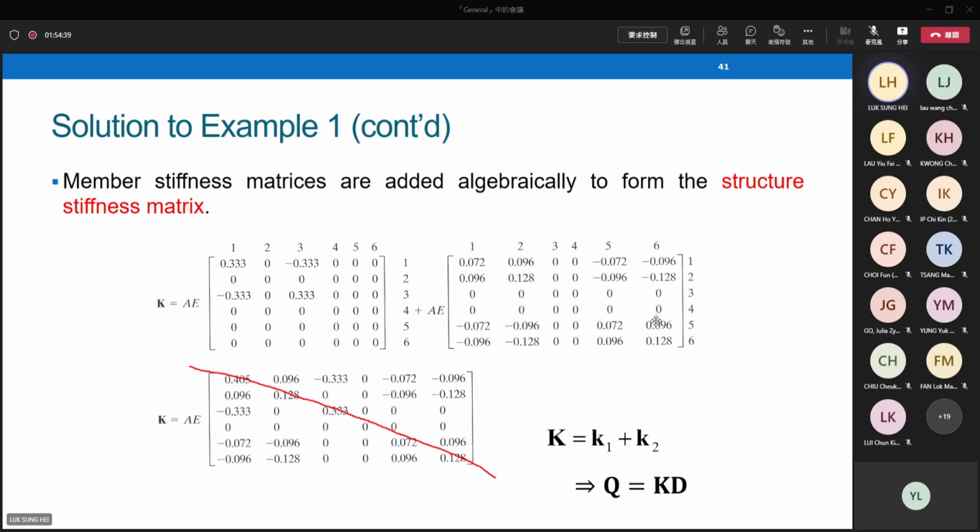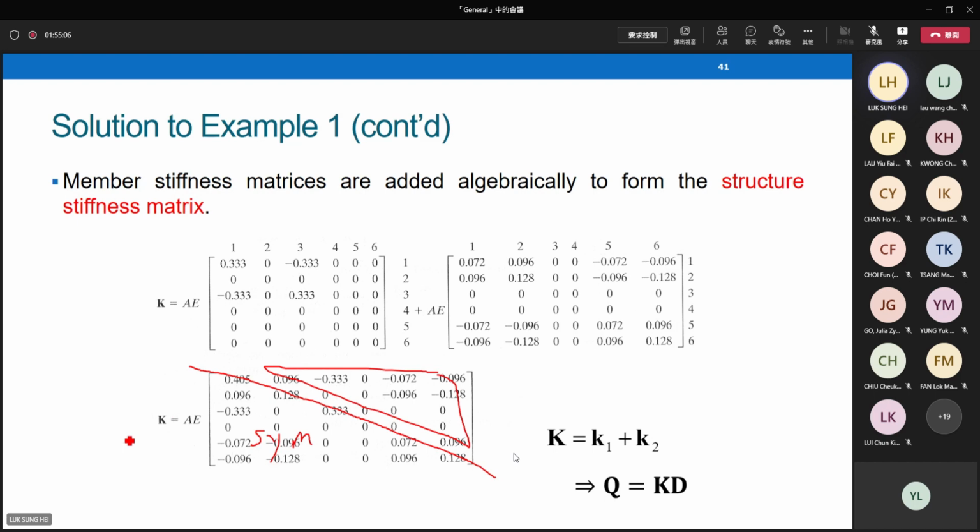So you can add up the top triangle, and then use a mirror image to find the remaining half. Symmetrical. It's a very nice property for a stiffness matrix. A stiffness matrix should be real and symmetrical.